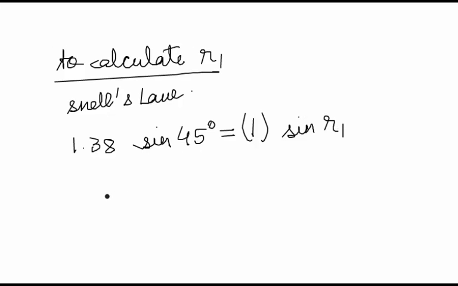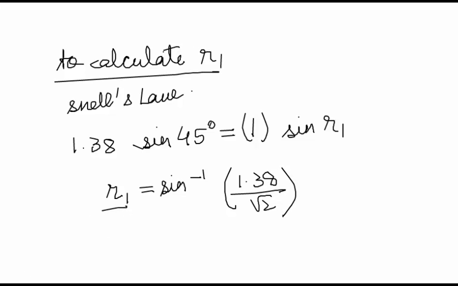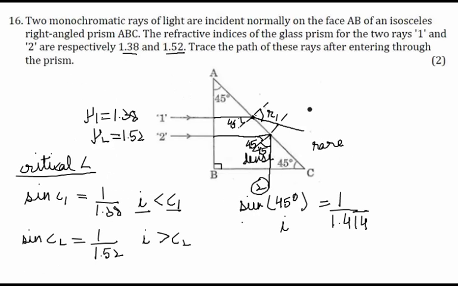From here we can easily say that R1 is equal to sine inverse of 1.38 upon root 2. So we have calculated R1. This is how we answer our question as precisely as possible. We have even given this angle on the next page. That will be nothing but sine inverse of 1.38 upon root 2. So this is the answer to this question from optics.